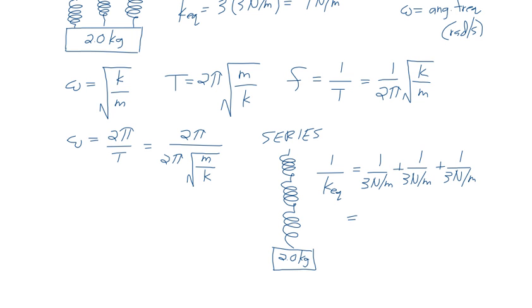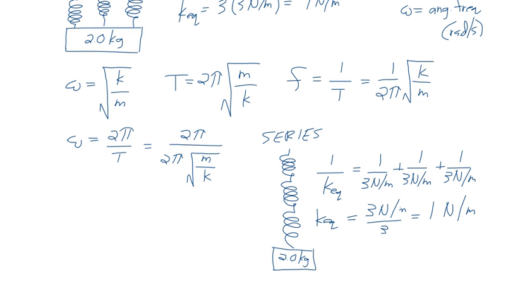Now if there were only 2 of them, that would be 2/3, which I would flip over and it would be 3 over 2. But with 3 of them, 3 over 3 is 1. So even if you forget to flip it over, you'd probably still get the correct value. So k equivalent is going to be 3 newtons per meter divided by 3, which is 1 newton per meter.